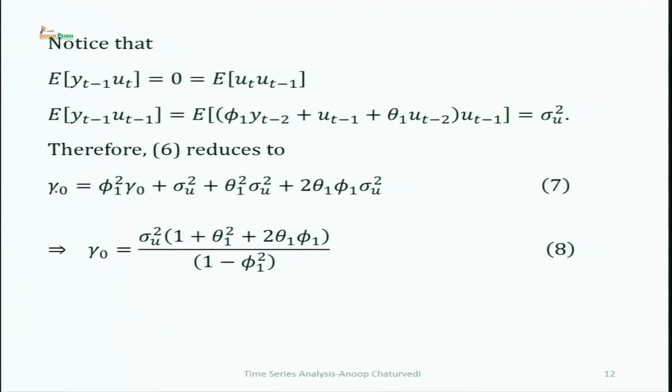So, you obtain gamma naught into 1 minus phi 1 square here, and then you divide by 1 minus phi 1 square. So, what you get? Gamma naught is equal to sigma square u, 1 plus theta 1 square plus twice theta 1 phi 1, upon 1 minus phi 1 square. So, this is the value of gamma naught, or this is sigma square y.